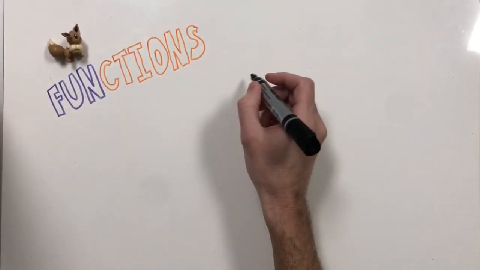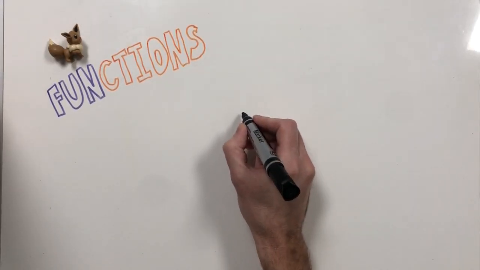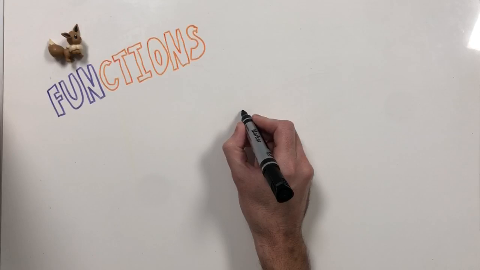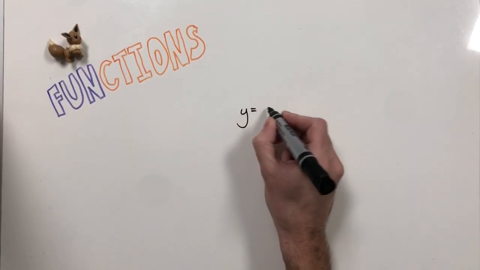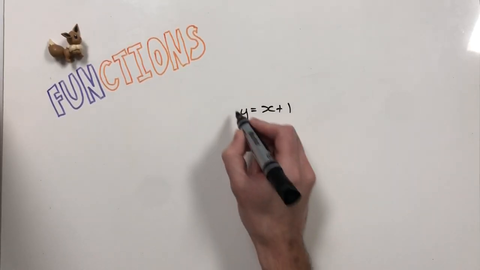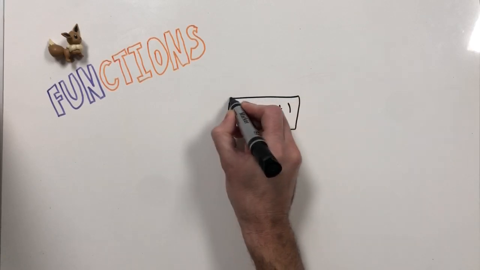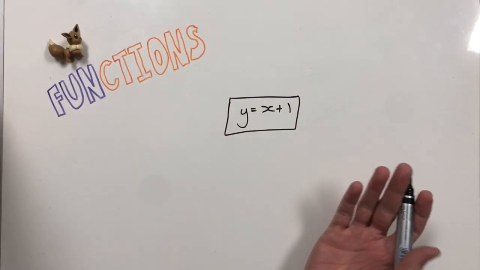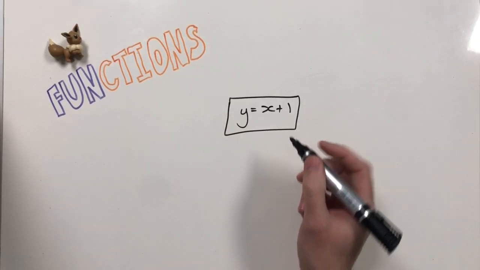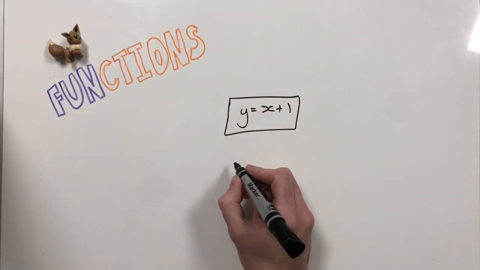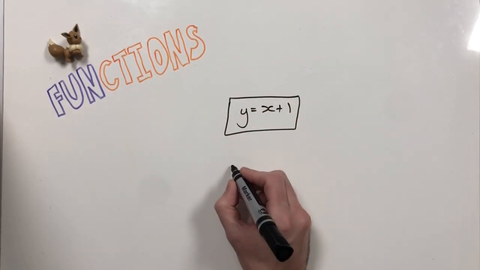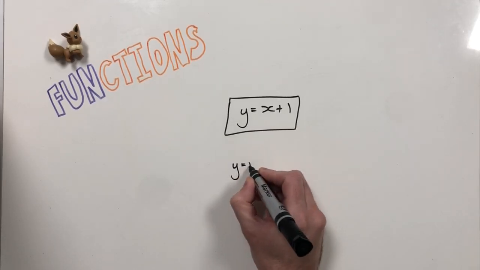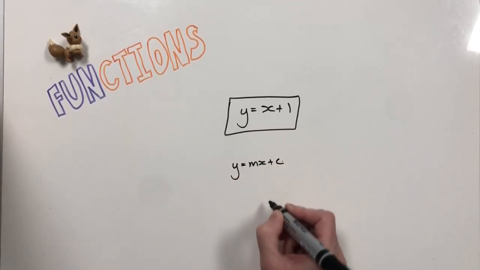We're going to start off very simple. You should have done spider diagrams by now. If you haven't, let's say I do something like y is equal to x plus 1. This is a very simple expression. It's a straight line. We'll look at the standard form a bit later, but I'll mention it now. The standard form would be y is equal to mx plus c.